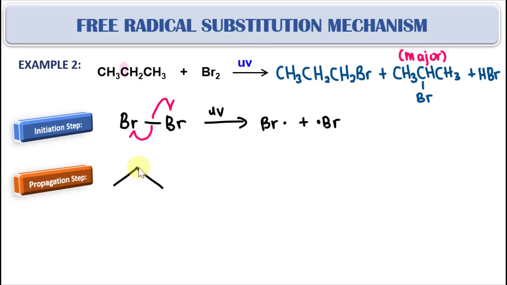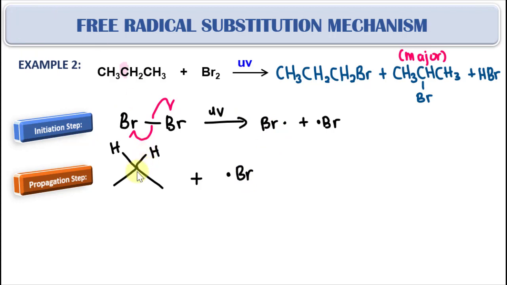Since the second carbon here has 2 hydrogens, just take out the bonding of the 2 hydrogens, and then this propane will react with the bromine radicals that are formed in the initiation step.